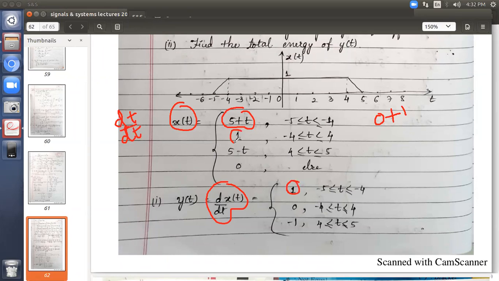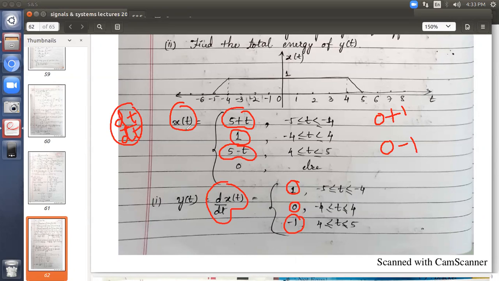Then what is the differentiation of a constant? It is 0. Differentiation of 5 minus t: differentiation of 5, a constant term, is 0, minus differentiation of t, that is dt by dt, which is 1. Hence it is minus 1.